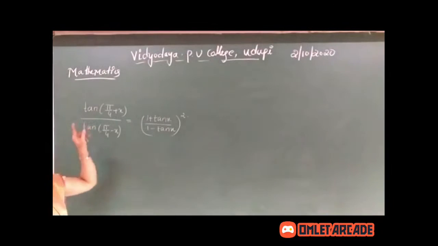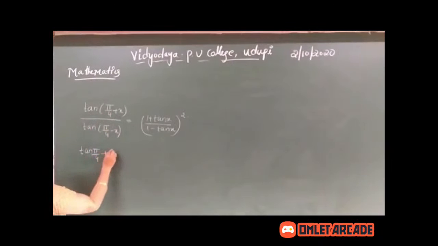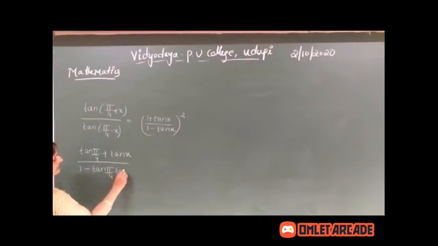Now the first one is of tan of x plus y form, and this is tan of x minus y. So straight away we are going to apply the formula of tan of x plus y. So what is that? It is tan x plus tan y by 1 minus tan x tan y. So x is pi by 4, y is x. So tan pi by 4 plus tan x by 1 minus tan pi by 4 into tan x.